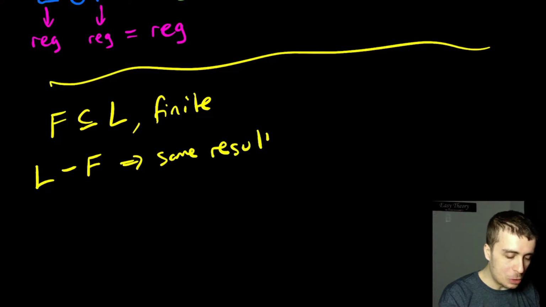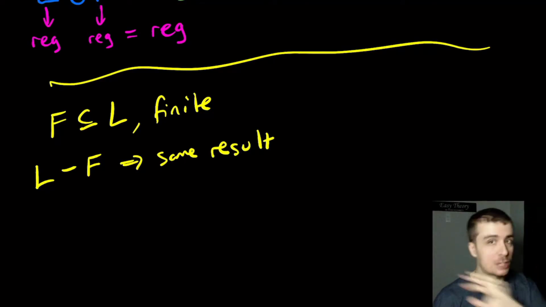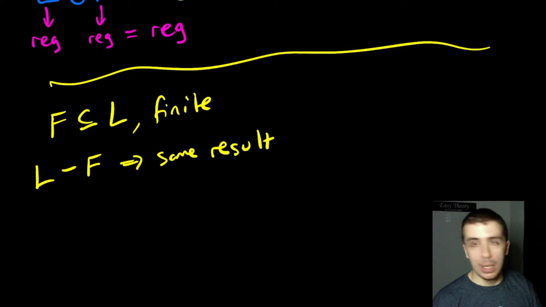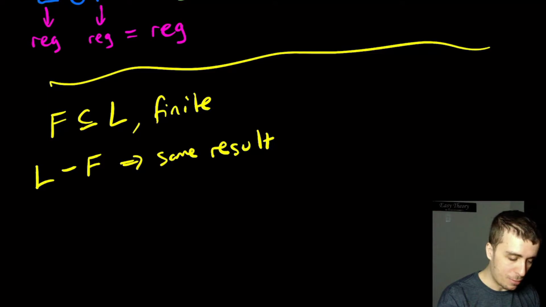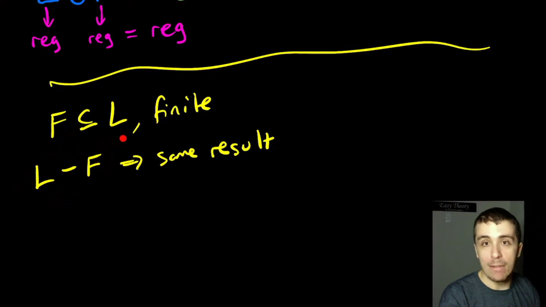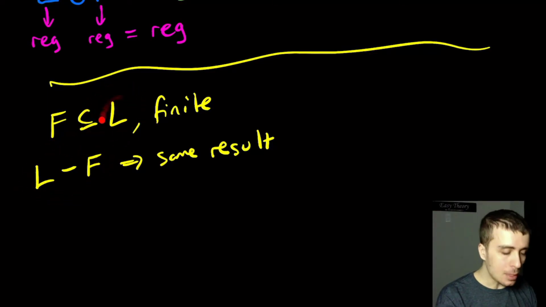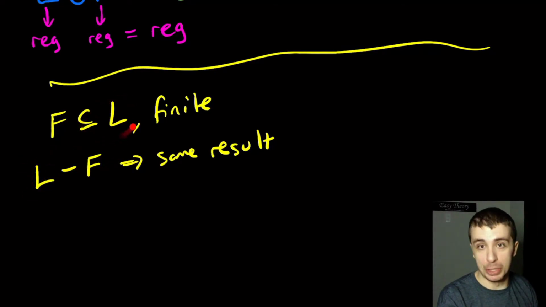So this again will generalize to context-free, to decidable, to recognizable, all of those language classes. This will have the same property, whatever it is, as what L did. So even if L is finite, this will still hold.